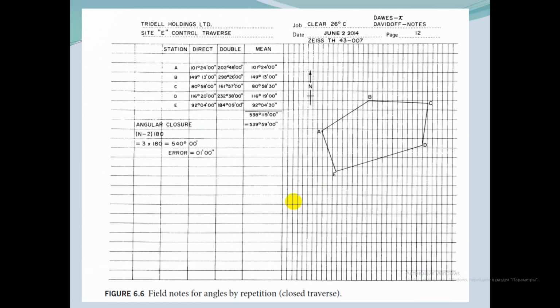This is the field notes for angles by repetitions for closed traverse.